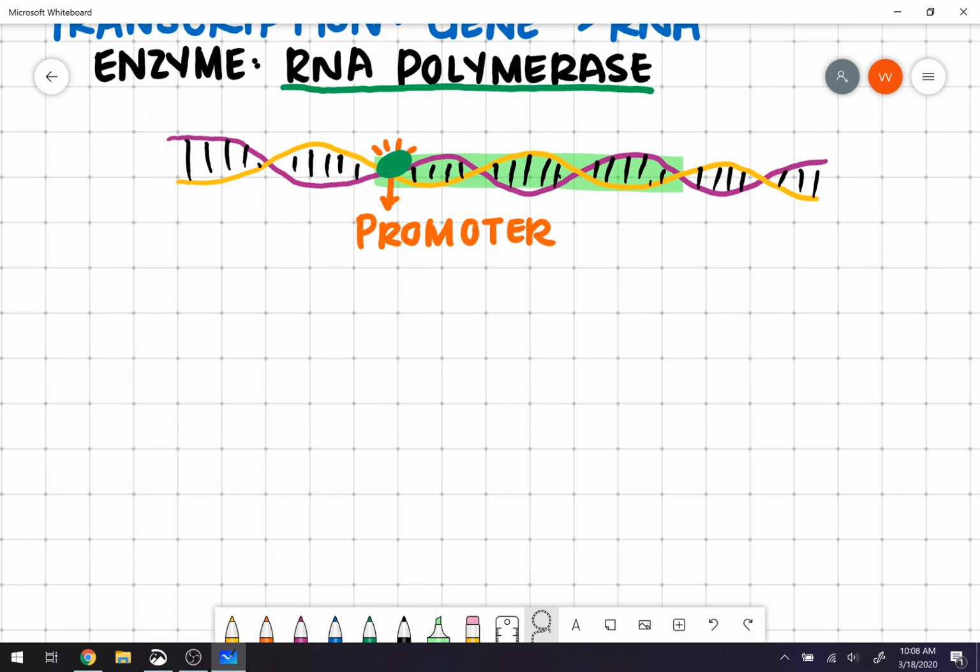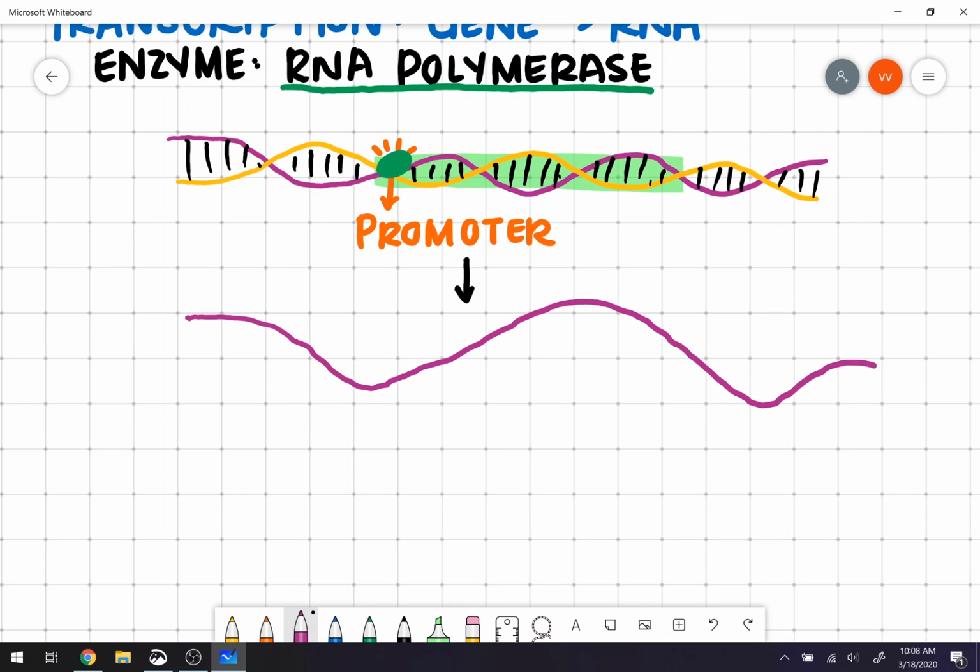You're going to have the next part, your DNA is going to get untwisted by this RNA polymerase right where that promoter starts, right?